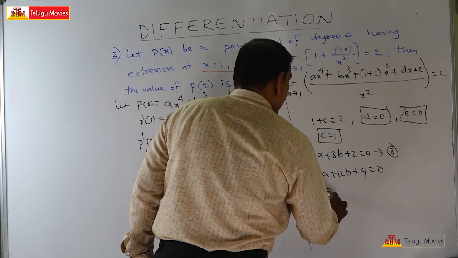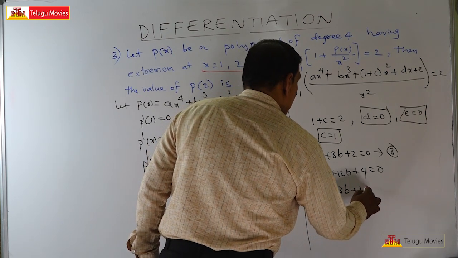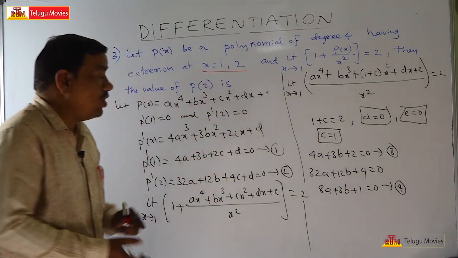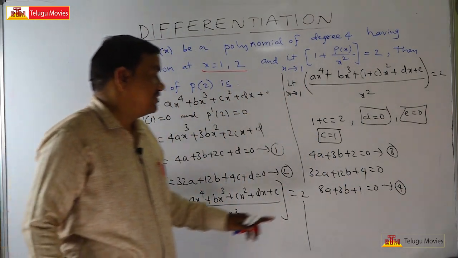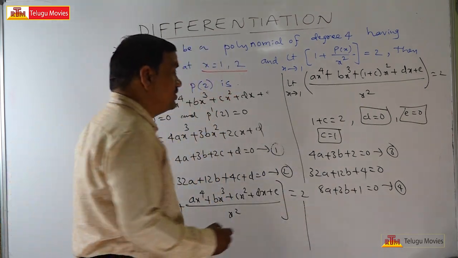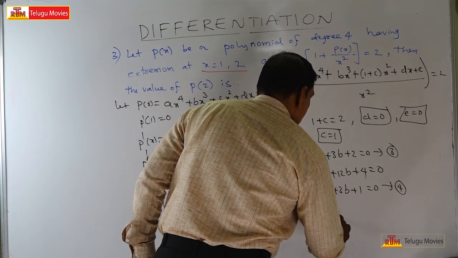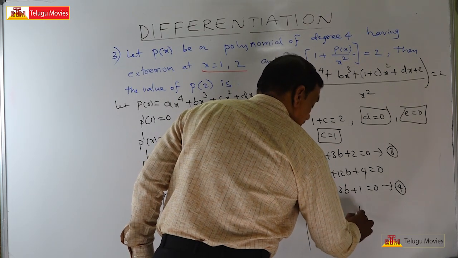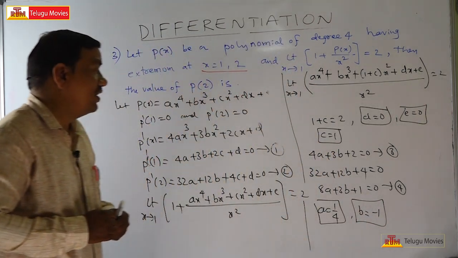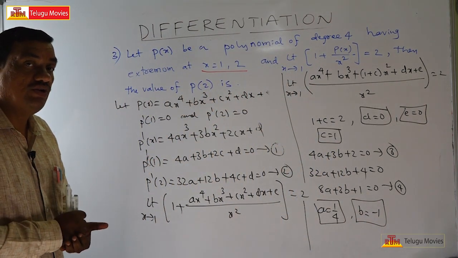So this is equal to 8a plus 3b plus 1 is equal to 0, called as fourth equation. If you solve these two equations, that means if you subtract, you will get a value is 1 by 4, and b value is minus 1.